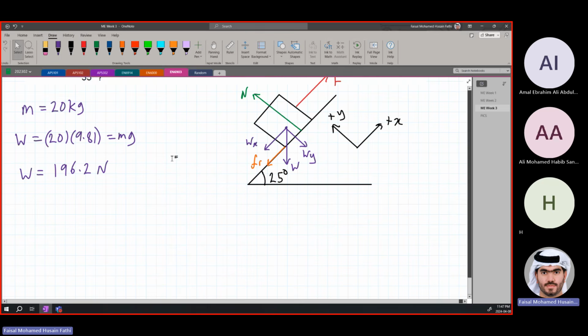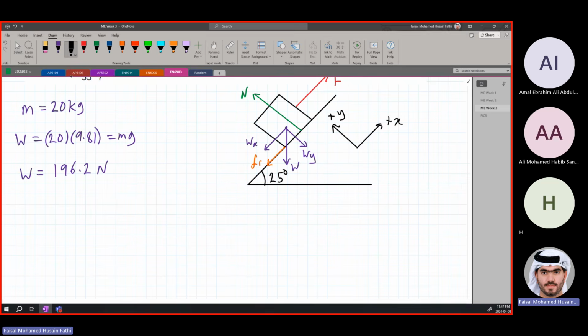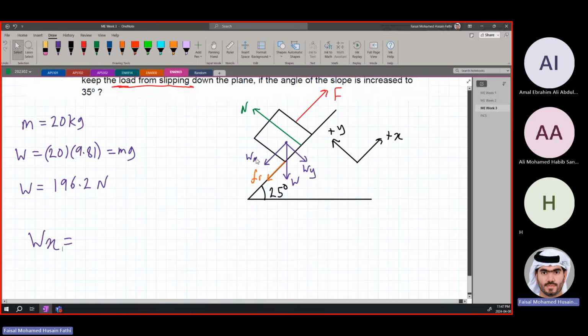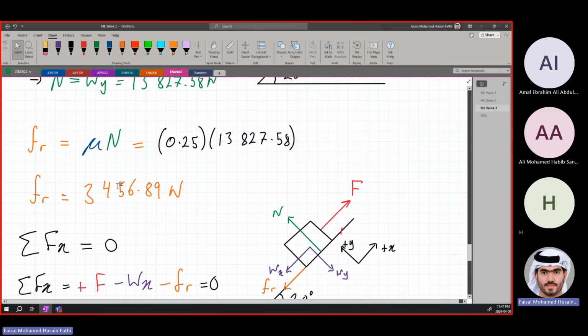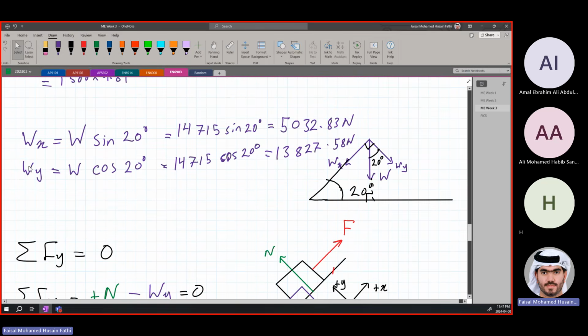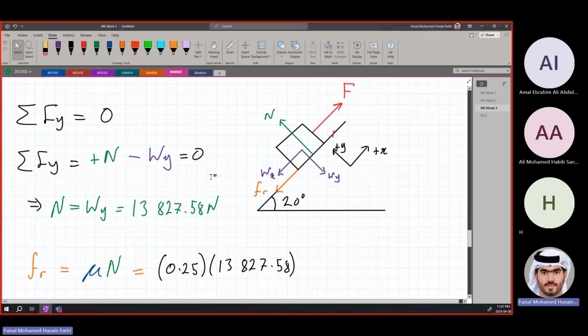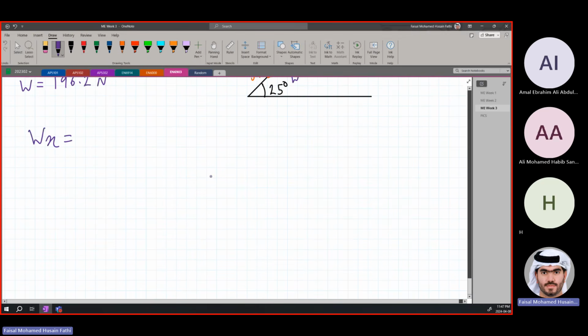First, let's find Wx and Wy. Because this is similar to the previous examples, I'm just going to write it instantly, just as we did earlier. Wx was W sine and Wy is W cosine. So Wx is W sine and Wy is W cosine.